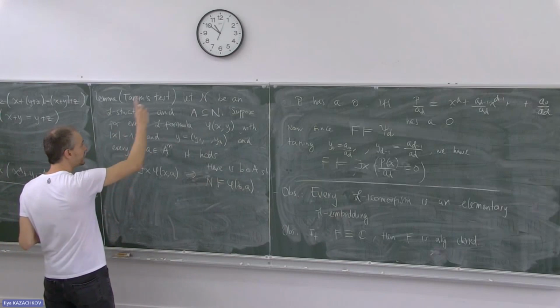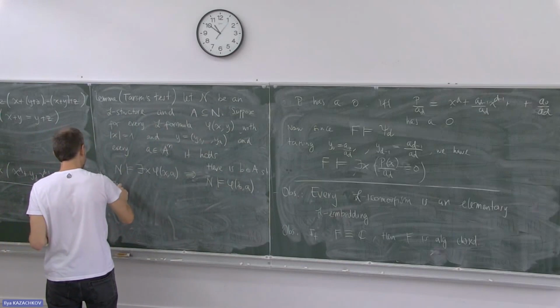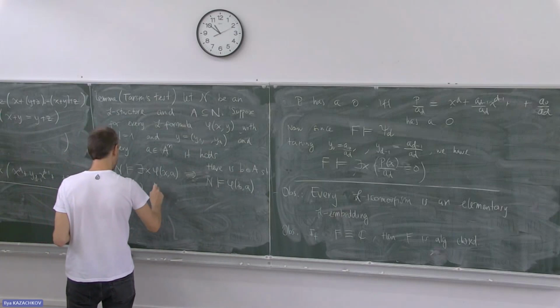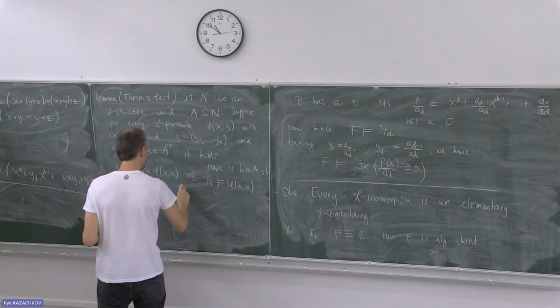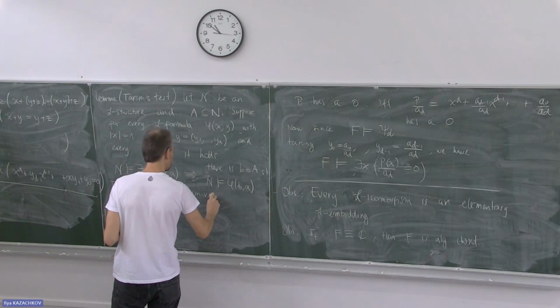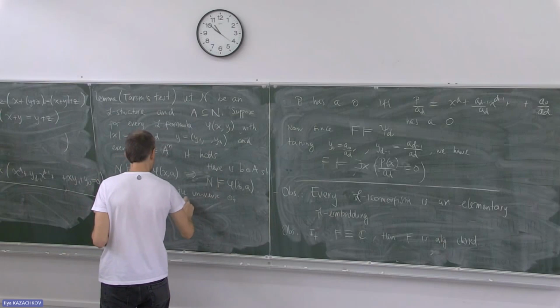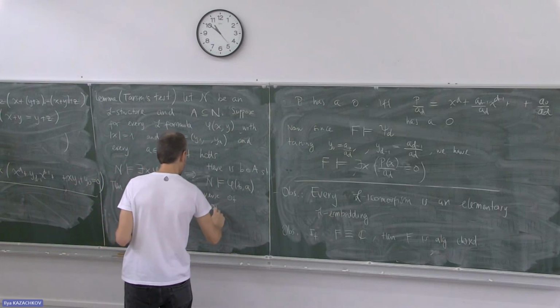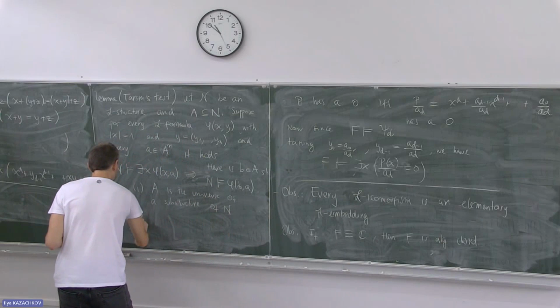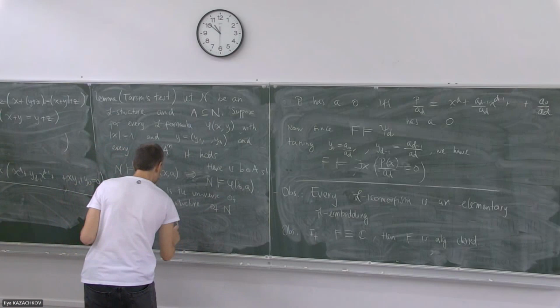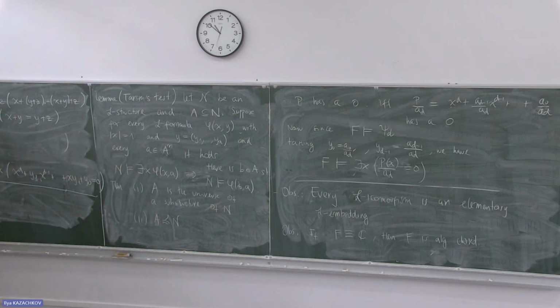Okay. If this whole thing holds, then first of all, one, A is the universe of a substructure of N, and two, actually, we have that A is an elementary substructure of N. Okay, this is enough.